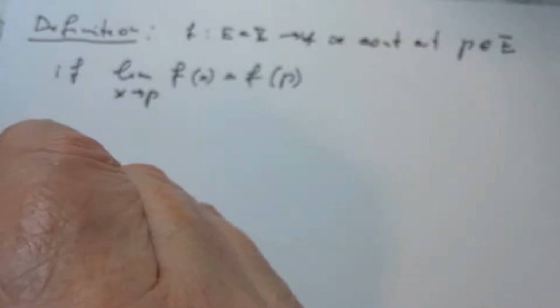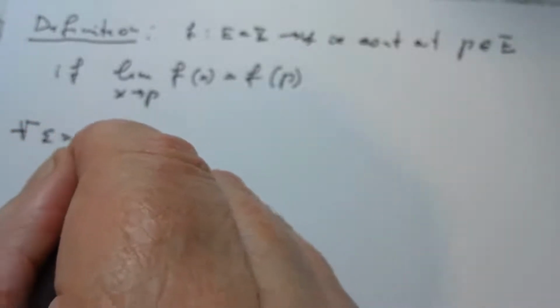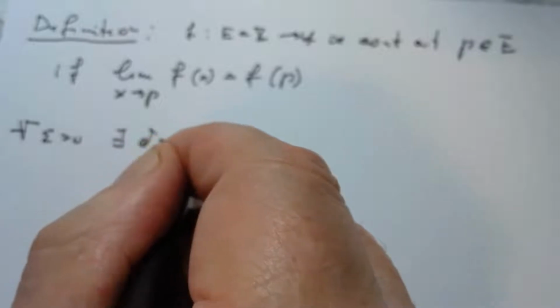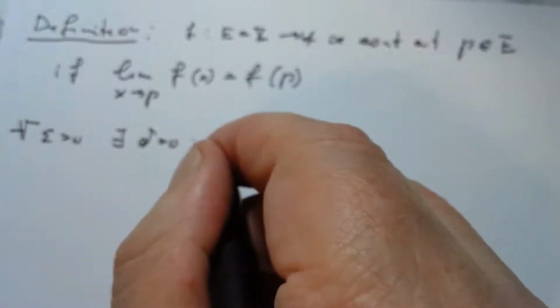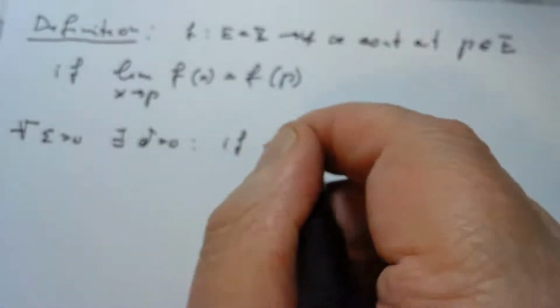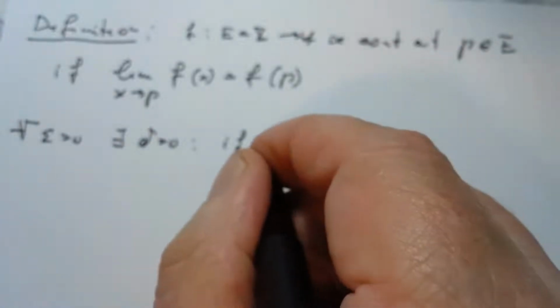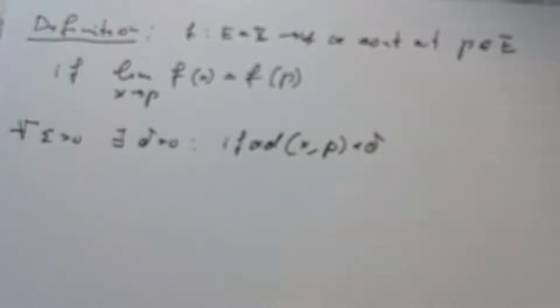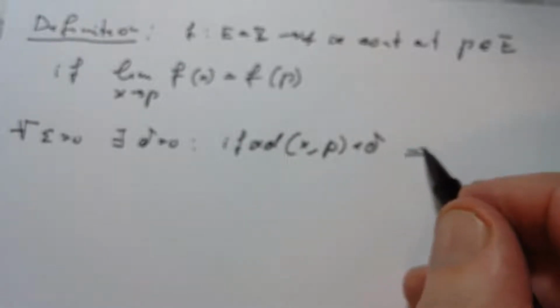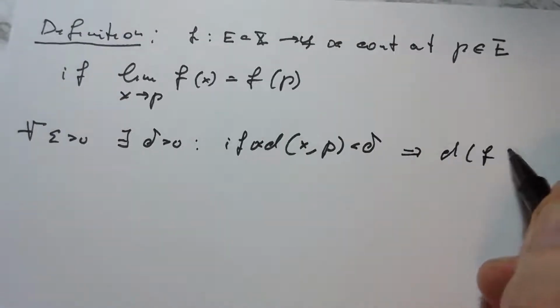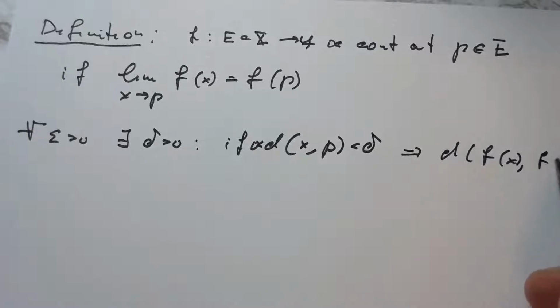Now, if you remember the definition of a limit, this means that for every epsilon greater than 0, there exists a delta greater than 0, such that if the distance from x to P is less than delta and greater than 0, there is this unpleasantness here, then the distance from f of x to f of P is less than epsilon.